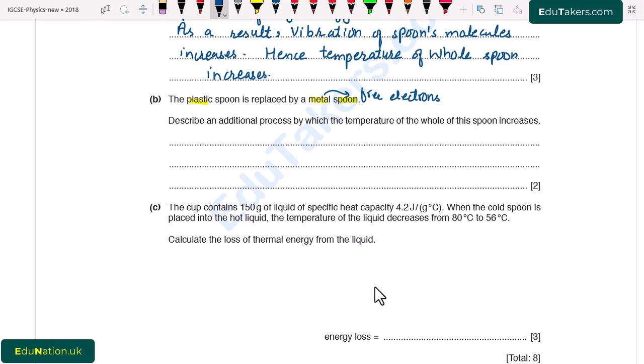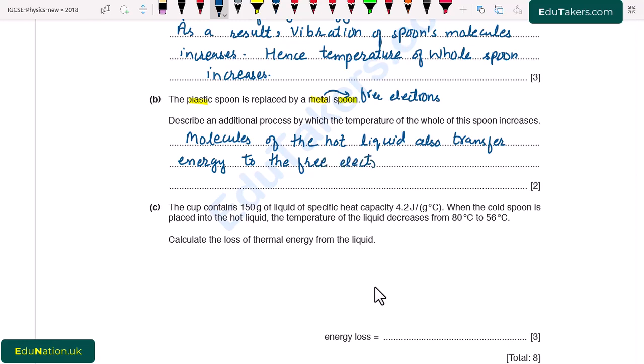I write here: molecules of the hot liquid also transfer energy to the free electrons in the spoon.